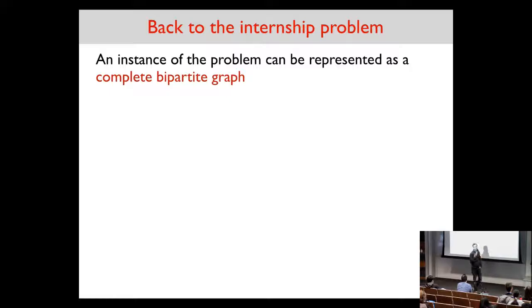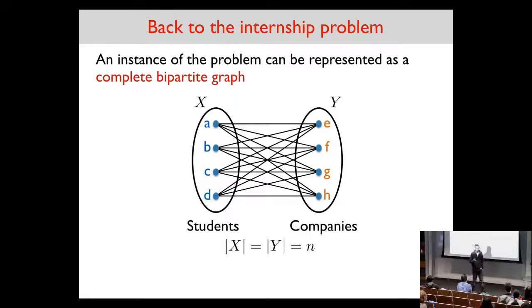This version that I'm going to describe to you will already be quite interesting to study. So we can say an instance of the problem can be represented as a complete bipartite graph. What does complete mean there? It basically means you have X and Y, and you put all possible edges between the two.